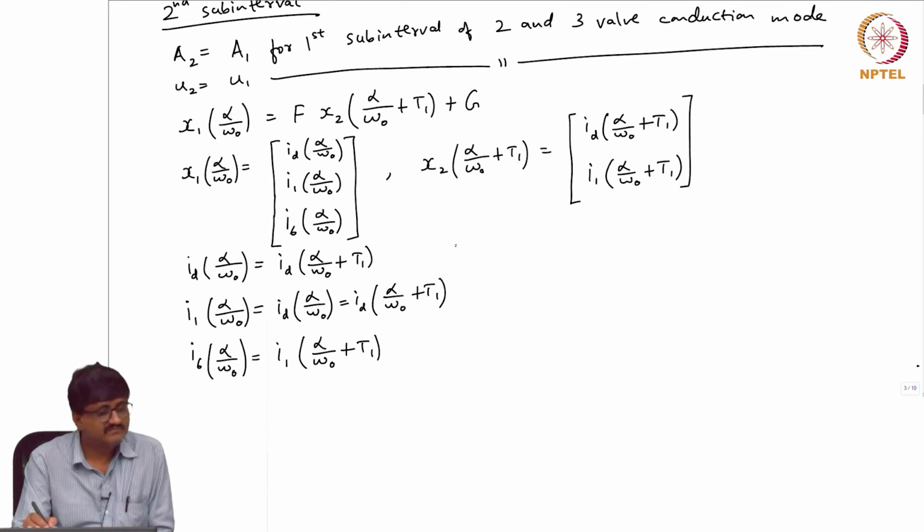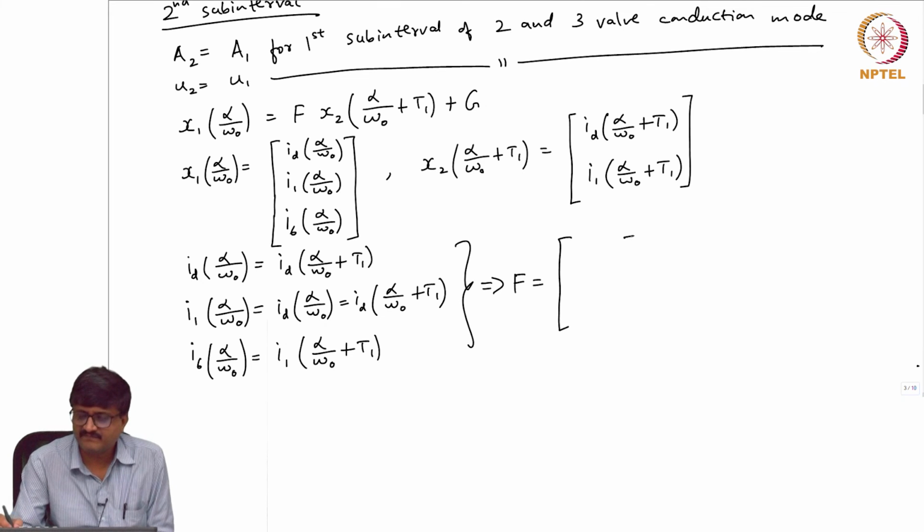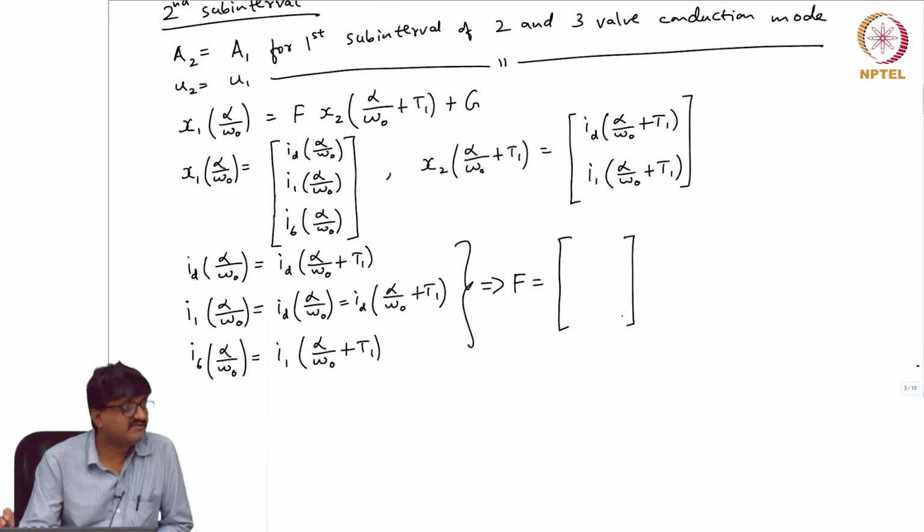So, from these three equations, can I say what is F? What is the size of F? Size of F is 3 cross 2. So, first row, what are the elements? 1 0, second row 1 0, third row 0 1.